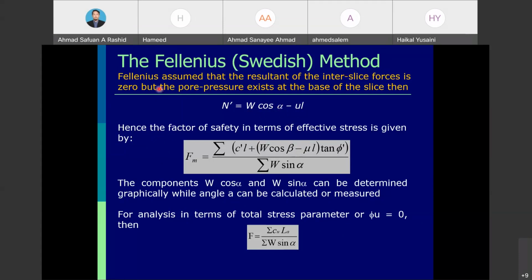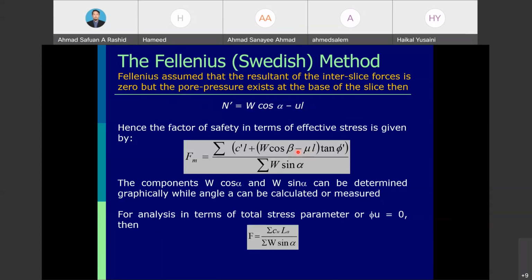Okay. I repeat again. Then Fillenius improvised the ordinary method of slices by introducing the pore water pressure. Okay. So then the N prime is equal to W cos alpha minus pore water pressure times L. So that is the improvement made by Fillenius, by including the pore water pressure.